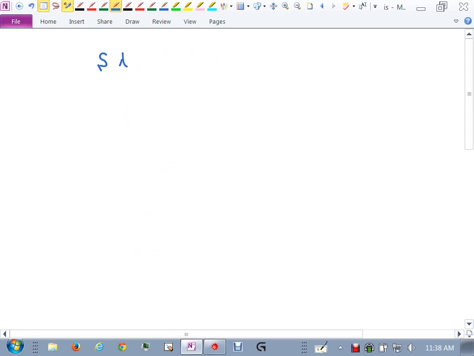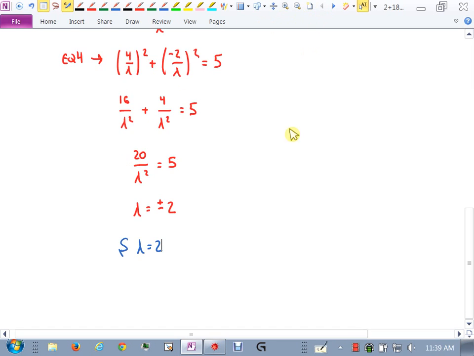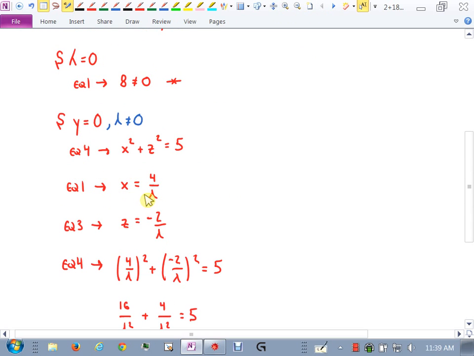Suppose lambda is 2. Then what are x, y, and z? y was 0, right? All of this is still working with the assumption that y was 0. For x, we go back to our formula that we had, which was right here. x was 4 over lambda, and z was negative 2 over lambda.